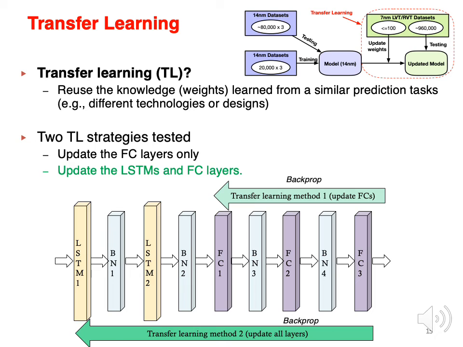So as mentioned earlier, one of the key techniques we used to reduce the number of required data points for adapting the model from one to another is transfer learning. As shown in this figure, our target is to reuse the model that is trained on a 40 nanometer technology dataset such that the model can be applied to a new technology, for example, a 7 nanometer dataset, with less than 100 data points for retraining or transfer learning.